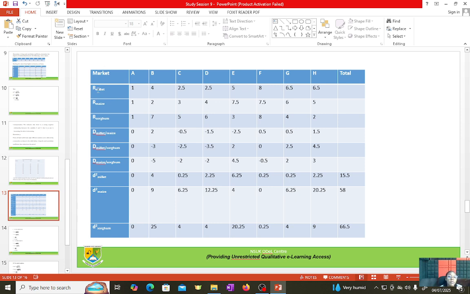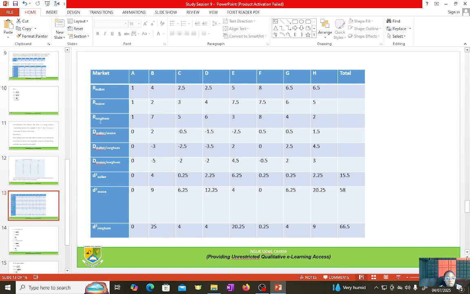The rank of prices of millet, we have it as shown in the first row, the rank of maize in the second row, the rank of sorghum in the third row. Now, we have to find the relationship between millet and maize, the relationship between millet and sorghum, and the relationship between maize and sorghum.